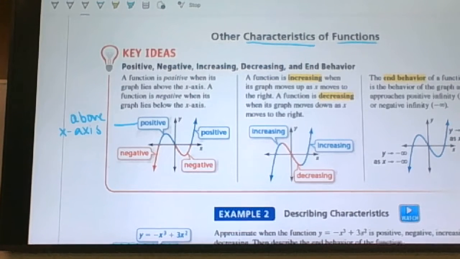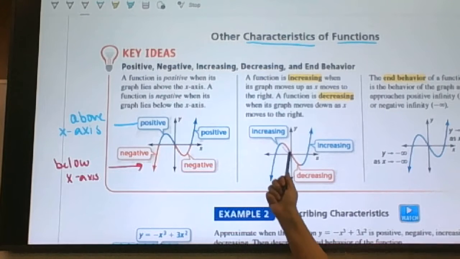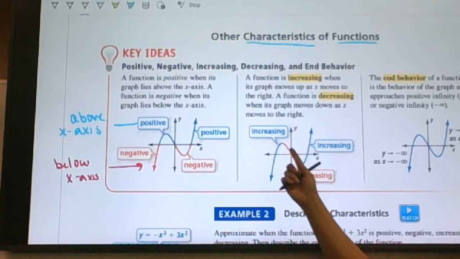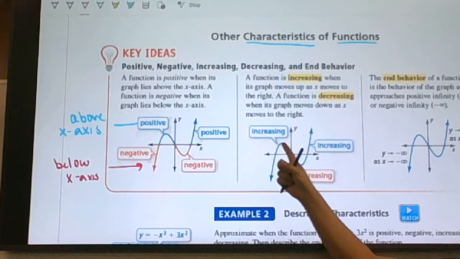If it's below the x-axis, you describe it as negative. No, it can be above and decreasing. Right here, where it's red, it's above the x-axis, so you call it positive, but it's going down, so you say it's decreasing.